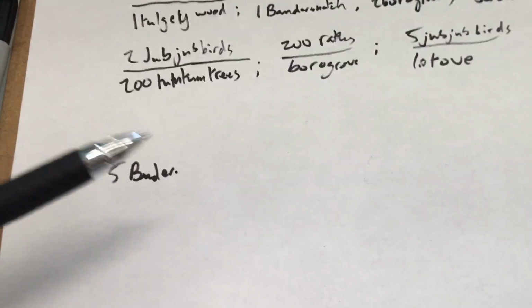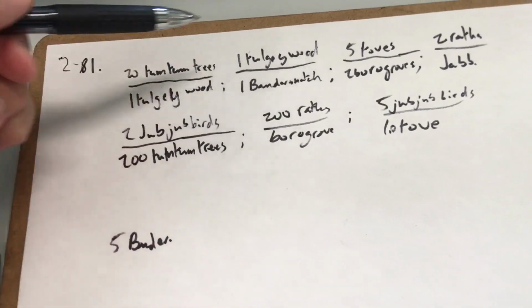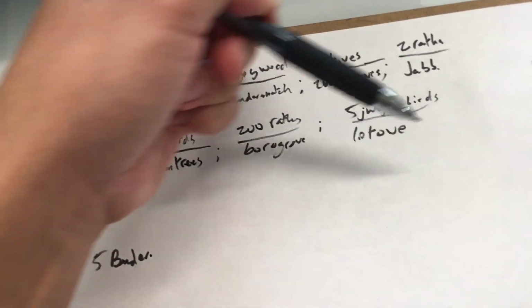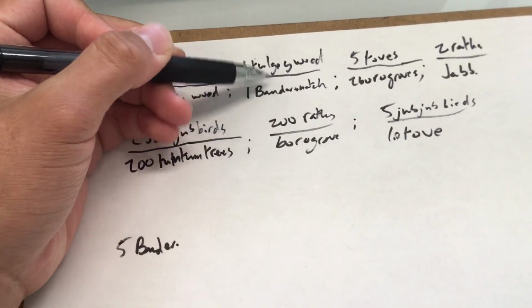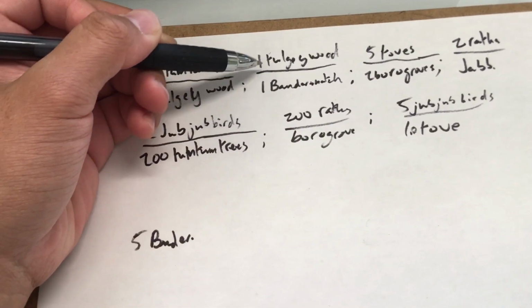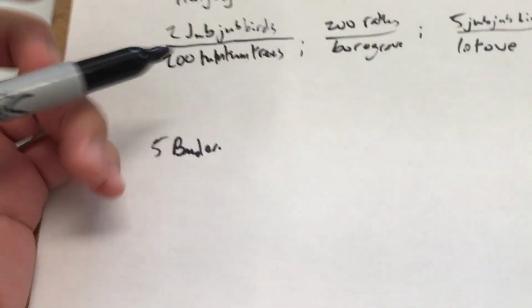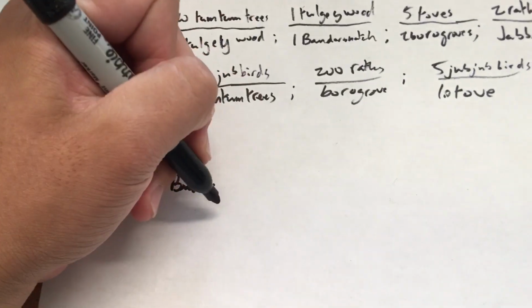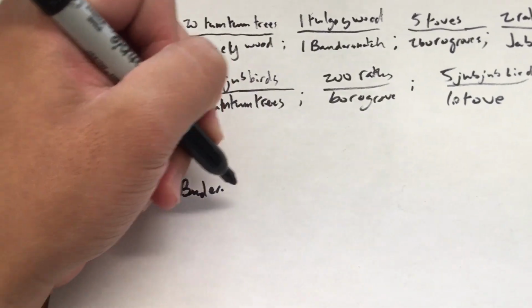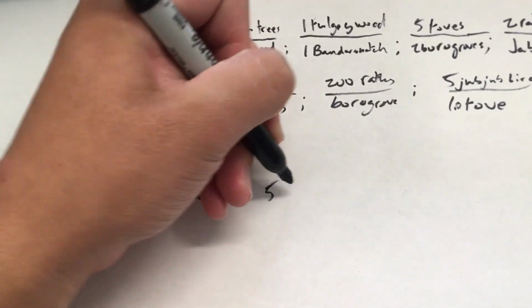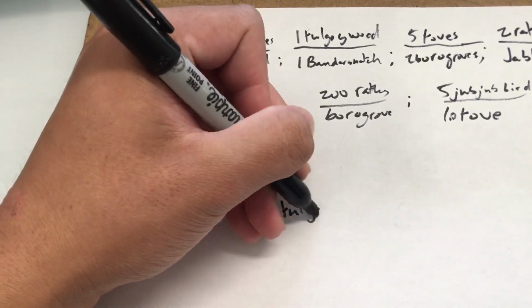So now we have 5 Bandersnatches, and we're gonna look for the conversion that has a Bandersnatch in it. So this one here has it. So 5 Bandersnatches would be equal to 5 Tulgey Woods. So we're gonna ignore this, and we're gonna write that's also equal to 5 Tulgey Woods.